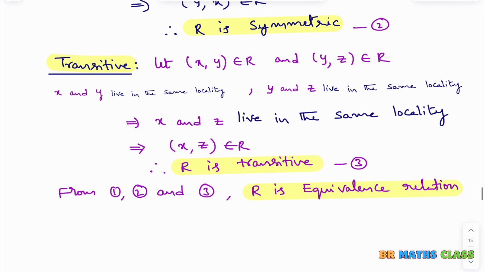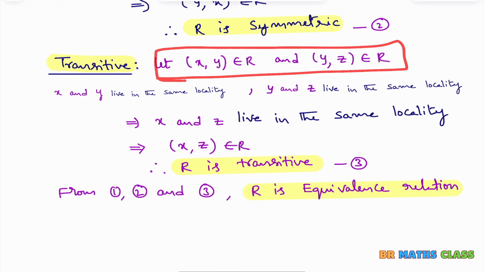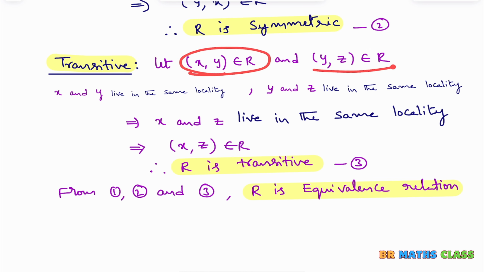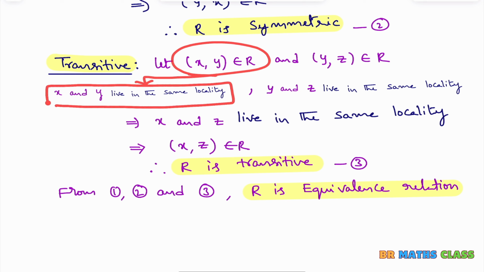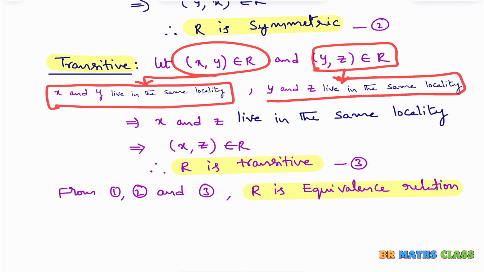Now I'll check transitive. For transitivity, we will take a pair of ordered pairs like this: x comma y belongs to R and y comma z belongs to R. If x comma y is in the relation, that itself indicates x and y live in the same locality. y comma z belongs to R indicates that y and z live in the same locality.